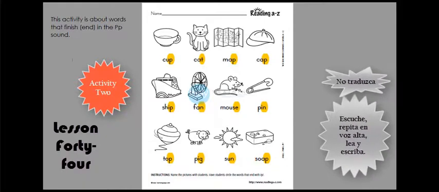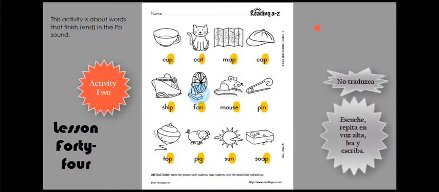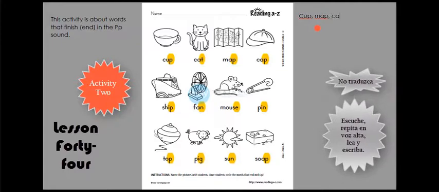Then, on the right side, I'm going to make a sentence about words that end in the P sound. So, cup, map, cap, ship, top, and soap end in P sound.